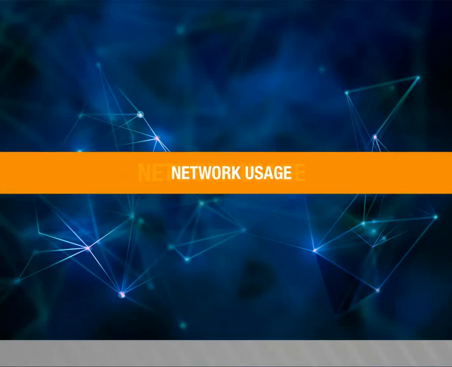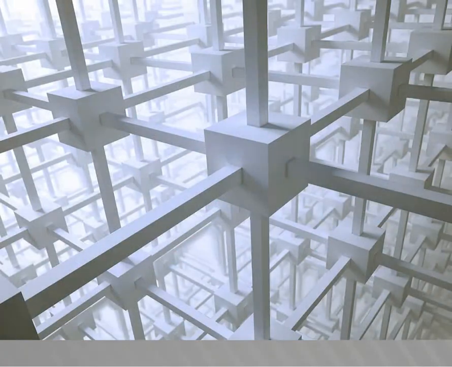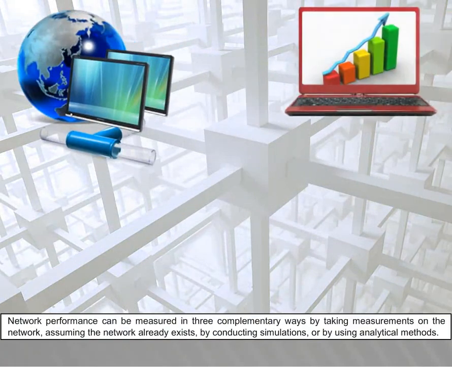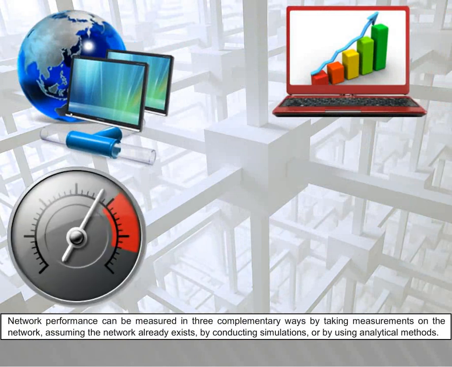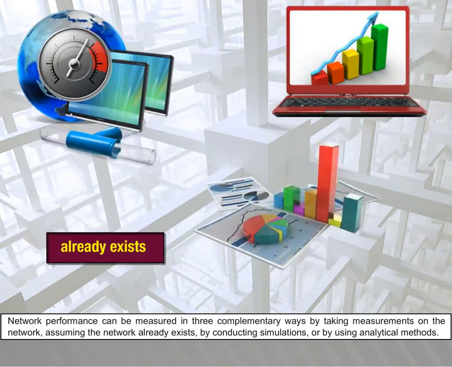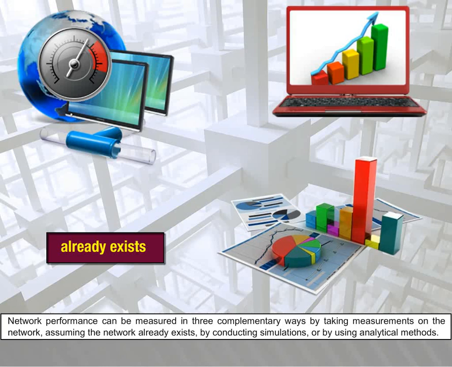Network usage. In this video, we are going to see about network usage. Network performance can be measured in three complementary ways: by taking measurements on the network, assuming the network already exists, by conducting simulations, or by using analytical methods.